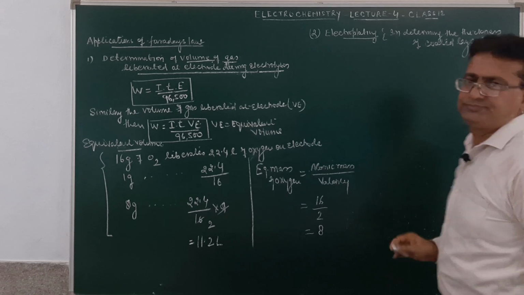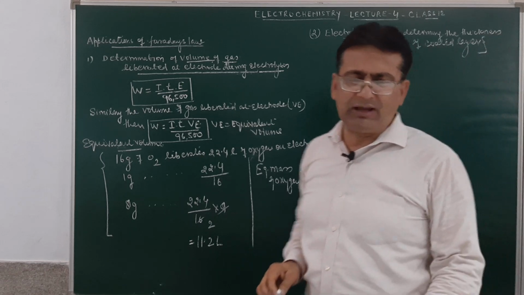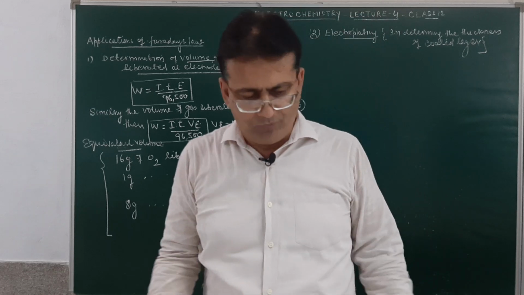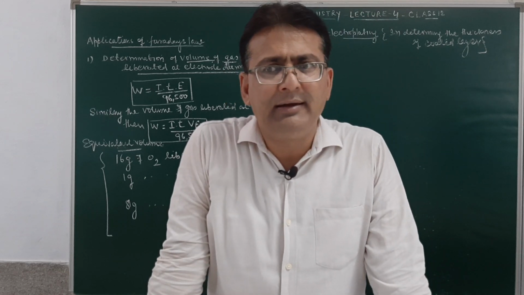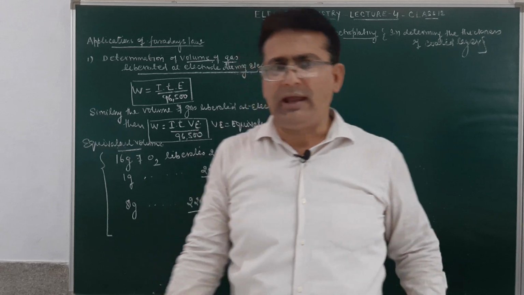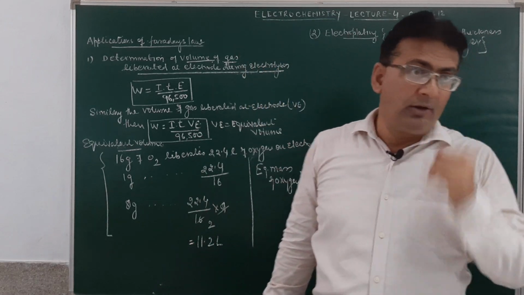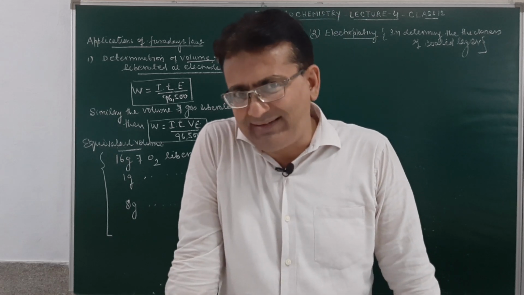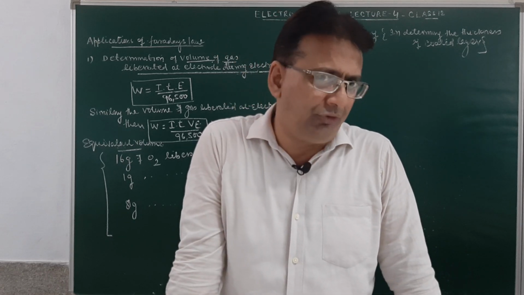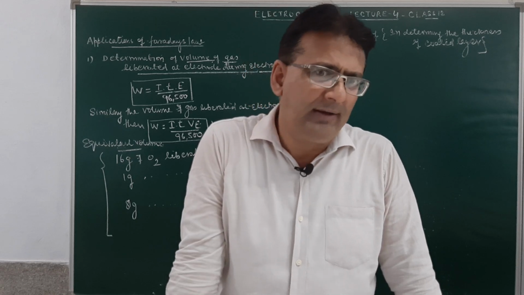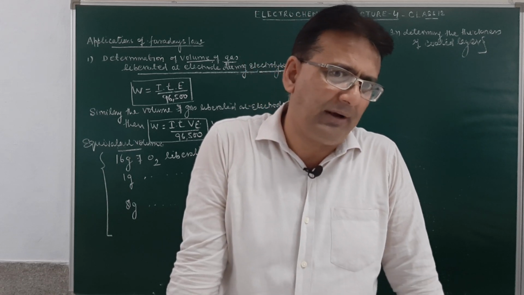Am I clear? How? Suppose we have an electrode whose area of cross section is A and thickness is X. Now, density is equal to mass per unit volume. So, what will be the volume? A into X. Suppose the density is D. So, A into X into D will be the mass of the substance deposited in the plated layer.